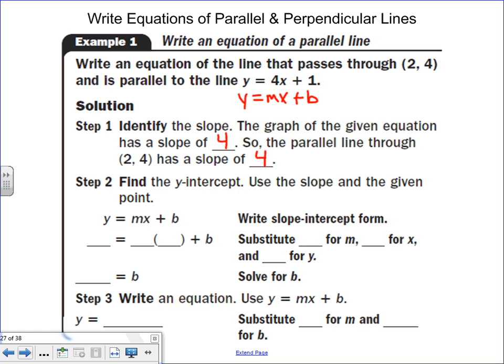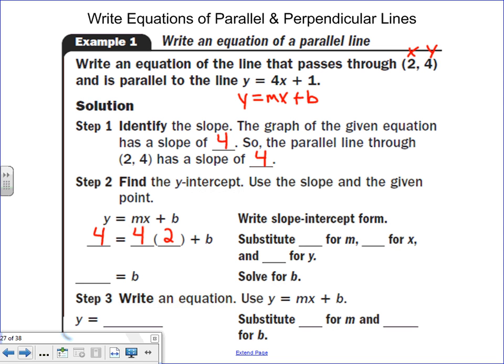We'll use the slope and the given point that we have. We've already said our slope is 4. And if we look back at our point here, remember x is 2 and y is 4. So we're going to plug that into our equation. Our y is 4, our m is also 4, our x is 2, and again, we don't know b.